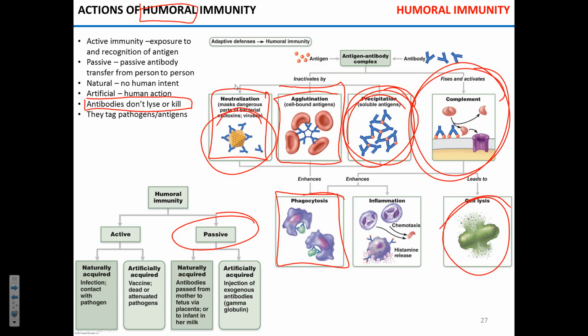Passive, because the only thing that's transferred are antibodies. Does it make sense? I want you to be able to distinguish between these four types and match the term and the description, and know what antibodies can and cannot do. They cannot kill. Okay, they label. We good?